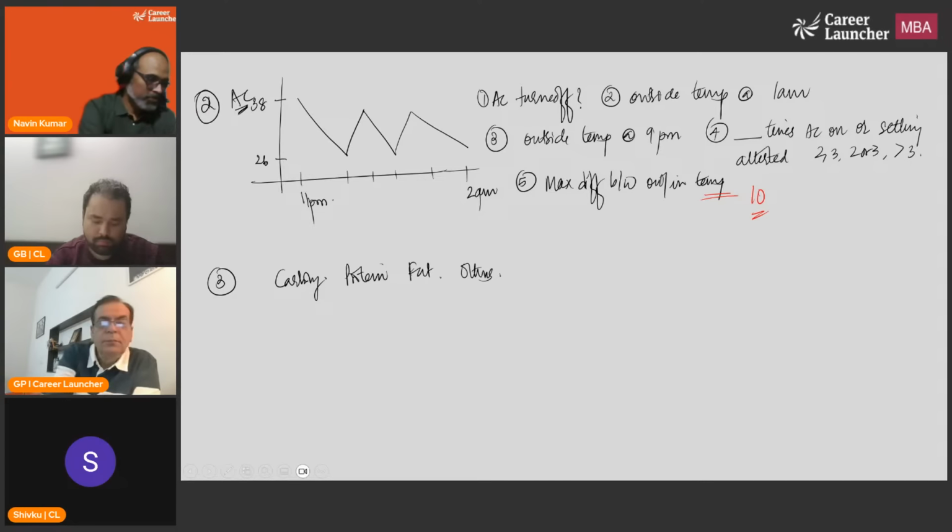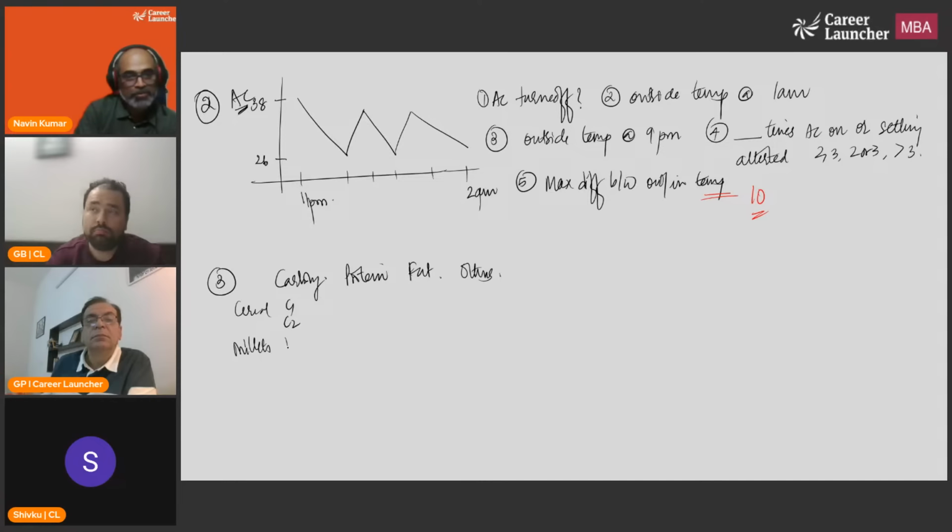These were the questions. अच्छा, carbohydrates, protein, fat and others यही था. There were two types of cereals, C1, C2. Then there were two types of millets. Sorry, three types, M1, M2, M3. And then there were pseudo cereals, which were P1 and P2.